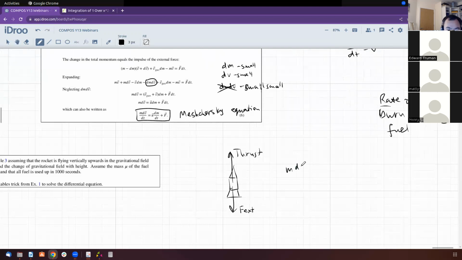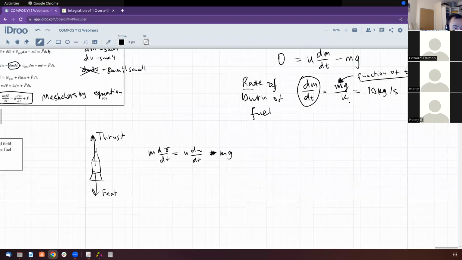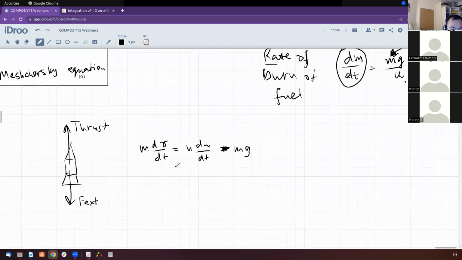So you write the same equation, m dv/dt equals u dm/dt, and now I'm doing minus mg. I'm doing this problem. I multiply everything by dt. M dv equals u dm minus mg dt.